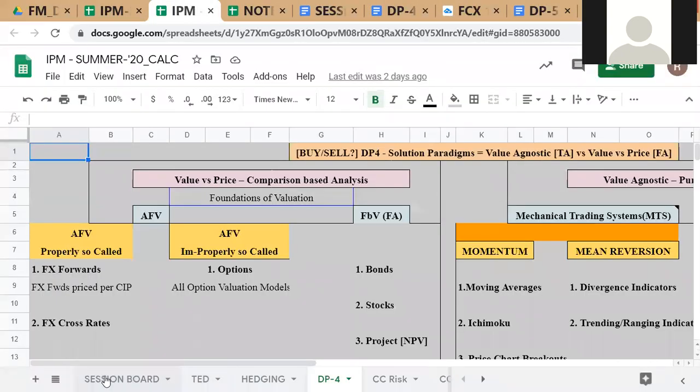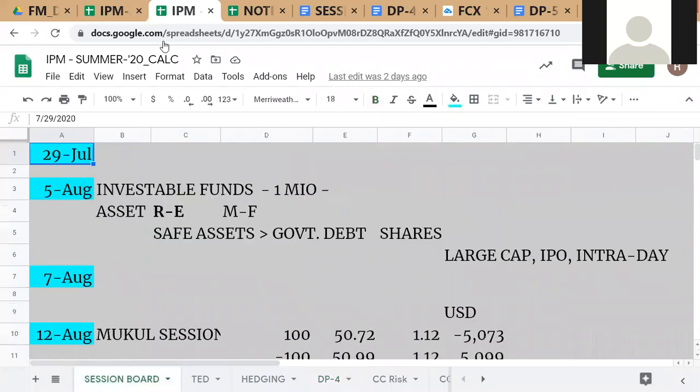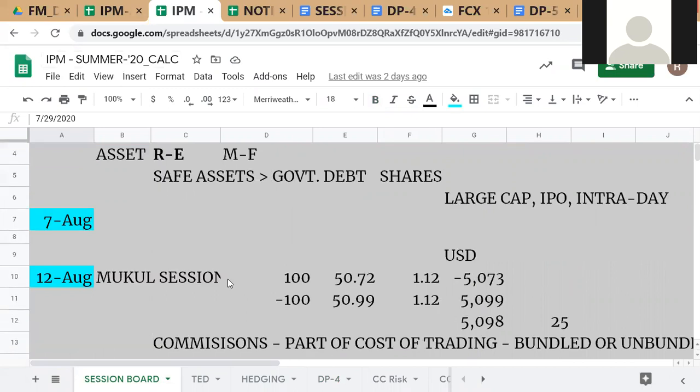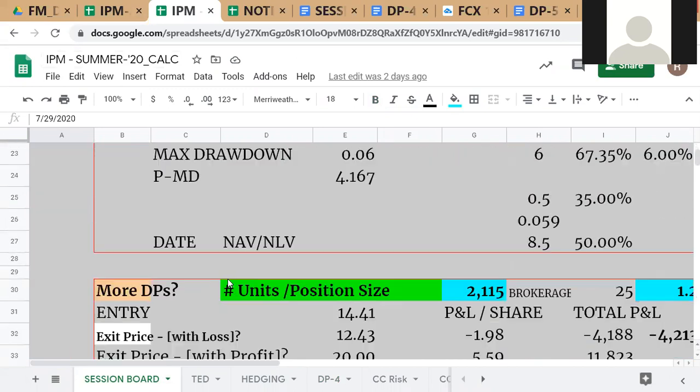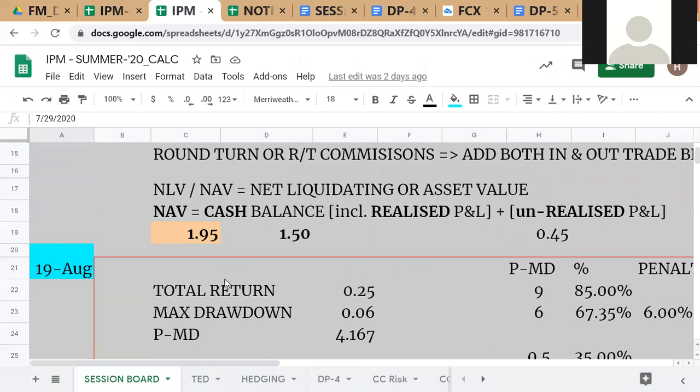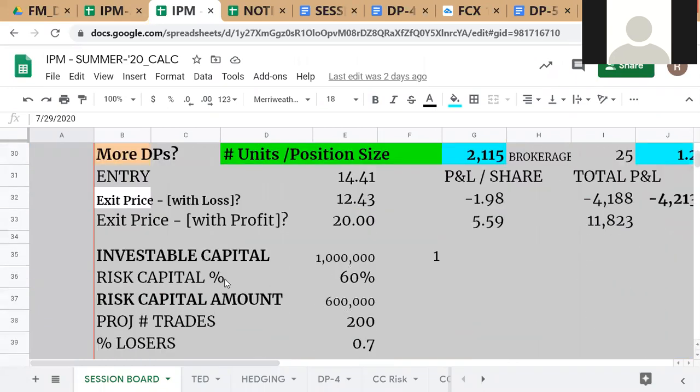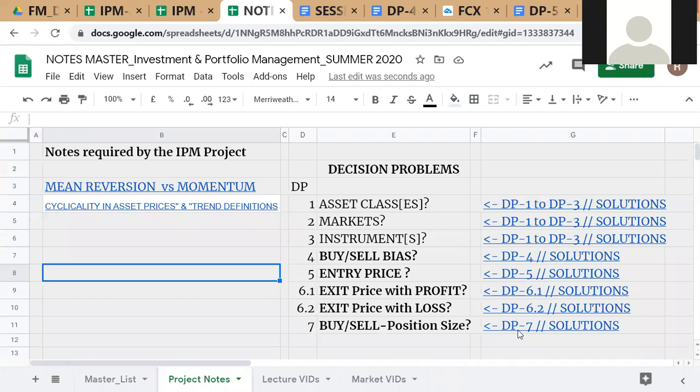We discussed it on the session board in your calc file. I'm now looking at the IPM Summer 20 calc file, where we keep any calculations or other notes on a course-wide, daily, session basis. This is the part I've referred to in that note, and since we already had this discussion, I'm not going to spend more time on it.